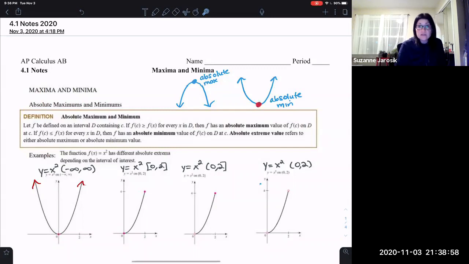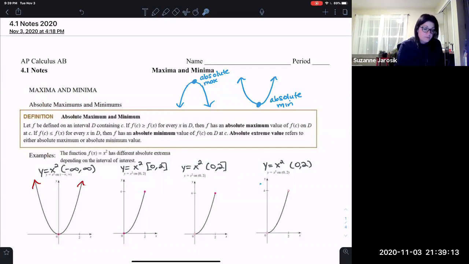This y value is the smallest y value on the entire graph. Nothing smaller, nothing larger, right? Okay, absolute maxes and mins.